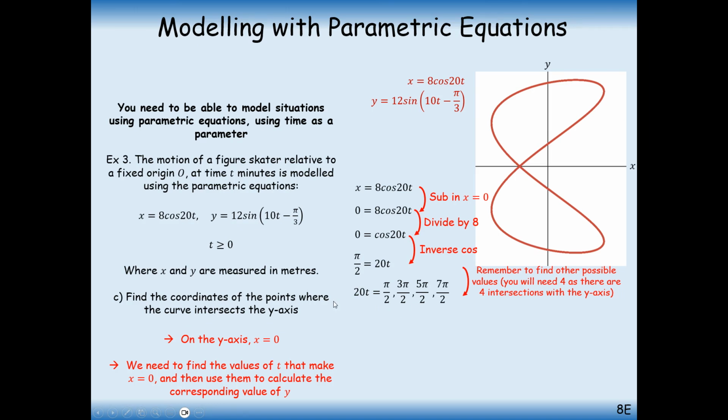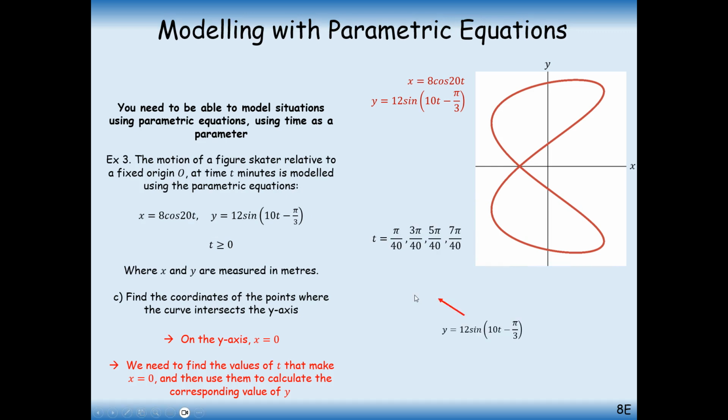Now dividing all these values by 20 will leave us with a denominator of 40. So these are the t values where we can find the y value. We need to substitute each of these t values into the y equation here to figure out the exact value for y. So let's do that here.